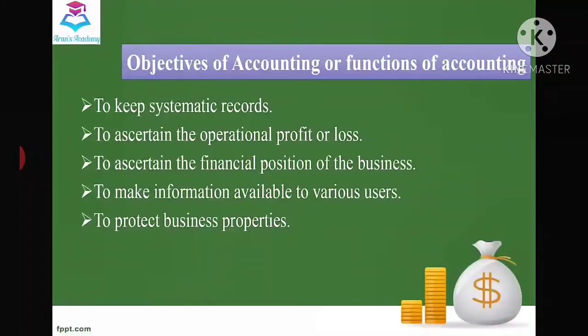It helps to provide information to stakeholders about the financial position of the business with the help of the profit and loss account and balance sheet, to make decisions about the business concern, organization or entity.